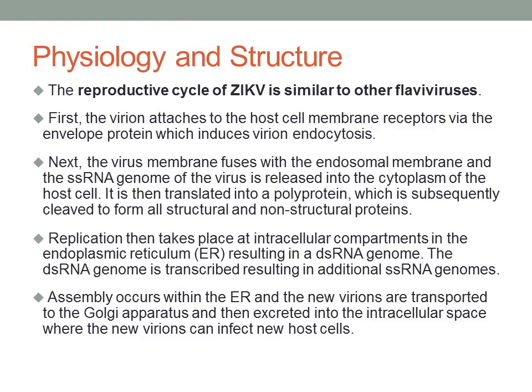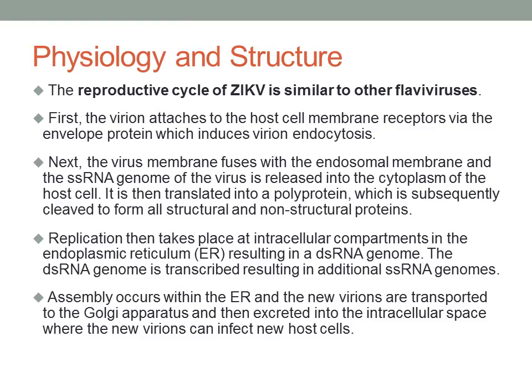It is then translated into a polyprotein, which is subsequently cleaved to form all structural and non-structural proteins. In other words, in the early phase, it recognizes the target cell, attaches and penetrates, and then releases its genome.